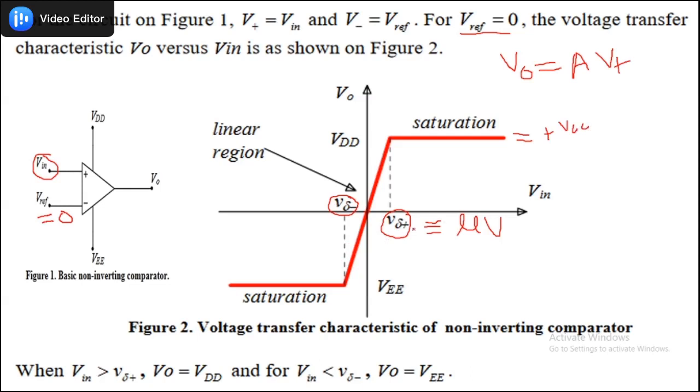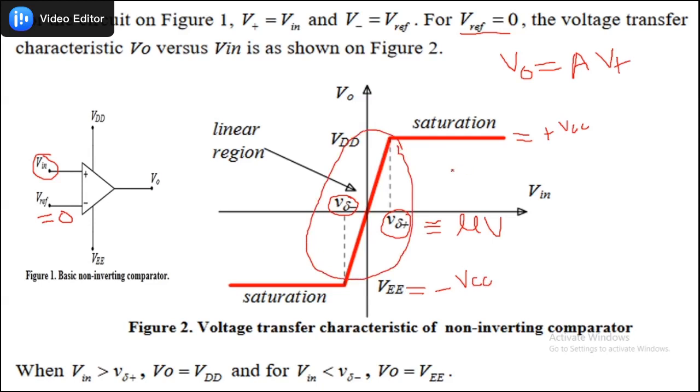Similarly, when Vin moves into the negative quadrant and crosses V delta minus, which is again a very small voltage, your op-amp will again get into saturation on the negative side, and it will be nothing but minus VCC. In this figure we can clearly see a nice linear region between V delta plus and V delta minus.